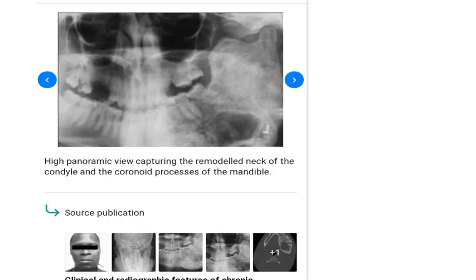So this diagram represents the lesion of fibrous dysplasia.